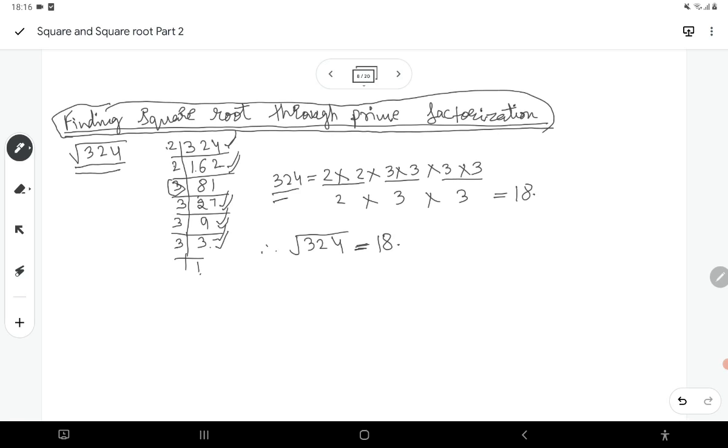So the factors of 324 are 2 multiplied by 2 multiplied by 3 multiplied by 3 multiplied by 3 multiplied by 3. And we have to make the pairs. So 2 multiplied by 2 we consider as 2, because we are taking the square root. 3 multiplied by 3 we consider as 3, and the other 3 multiplied by 3 pair we also consider as 3. So 2 3s are 6, 3 6s are 18. So the square root of 324 comes out to be 18.